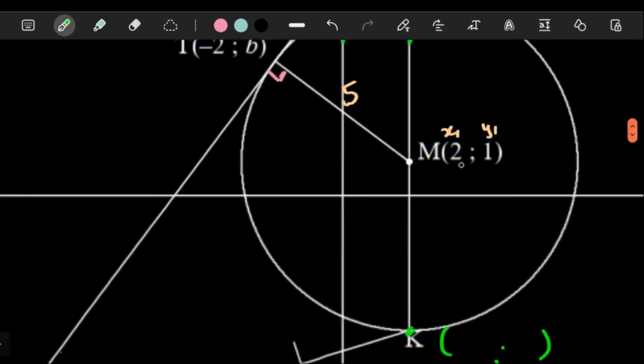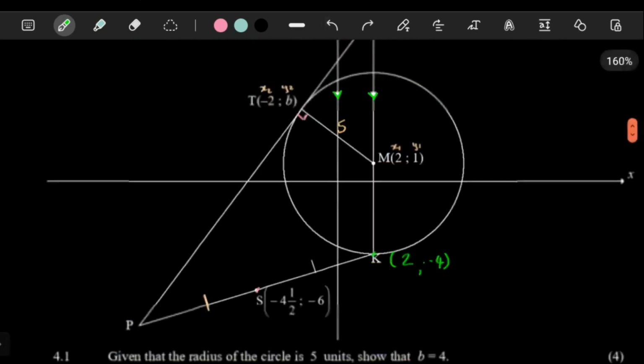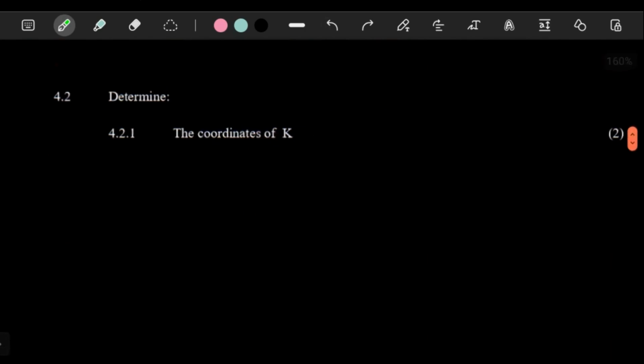So if the x value here is 2, the x value there is 2 also. The y value here is 1, and the y value there is a negative 4. So we can just put our coordinate and get 2 marks: 2, negative 4.